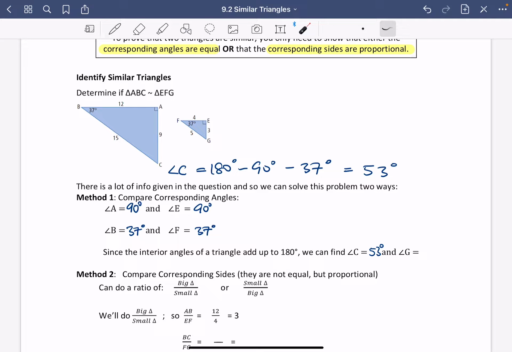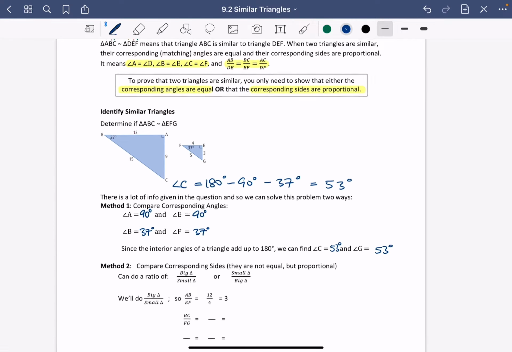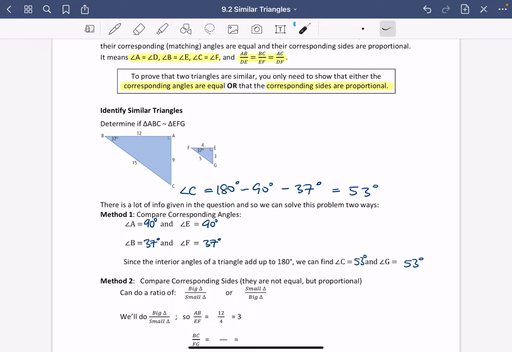It's 180 minus 90 minus 37. So it turned out to be 53 degrees as well. So here we know that the corresponding angles, angle A, angle E, angle B, angle F, and angle C and angle G are equal to each other, meaning that these two triangles will be similar to each other.